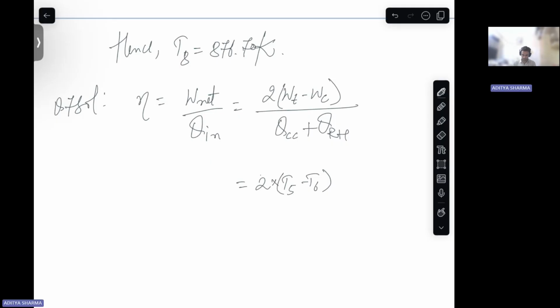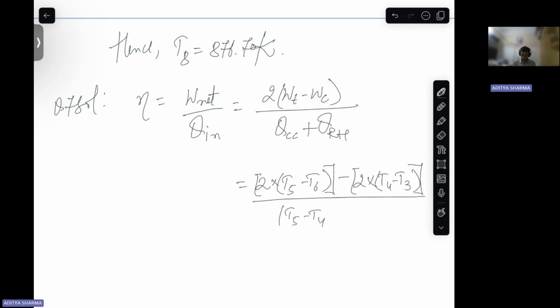The combustion chamber is this plus this.